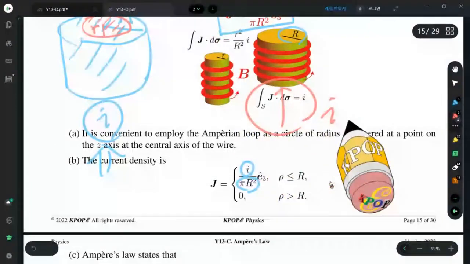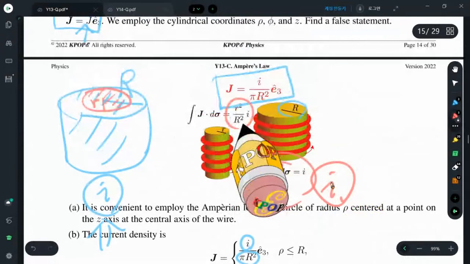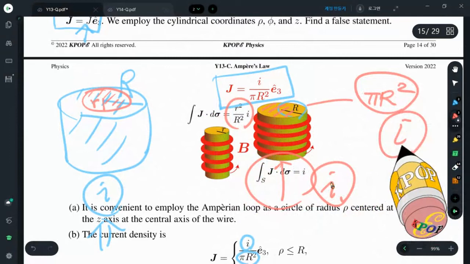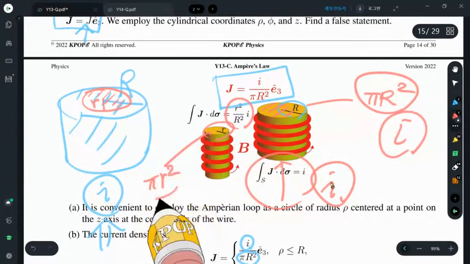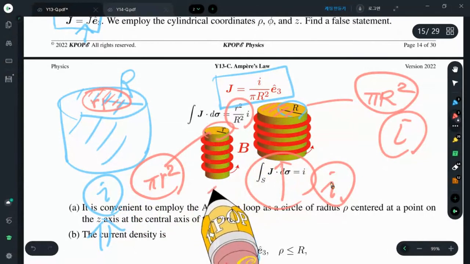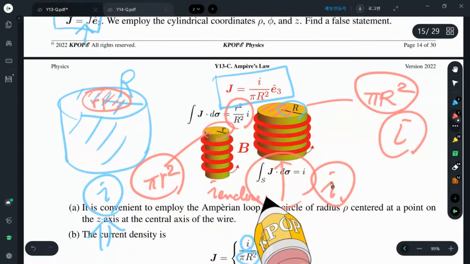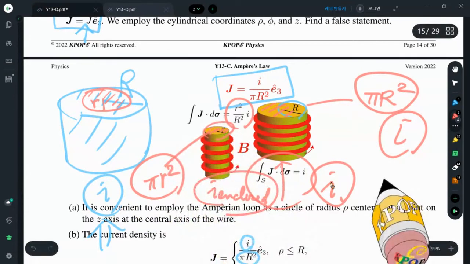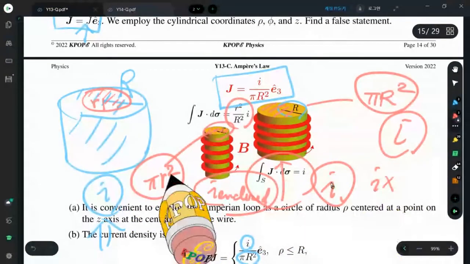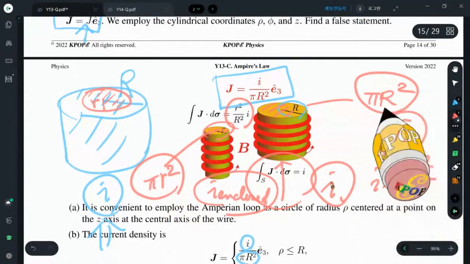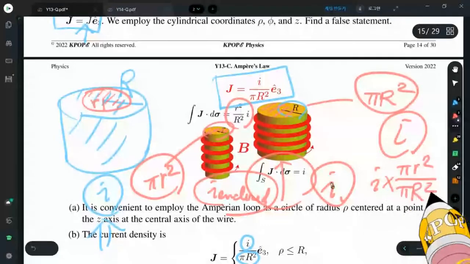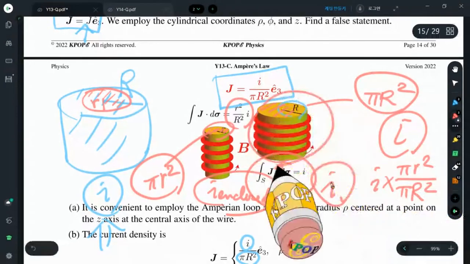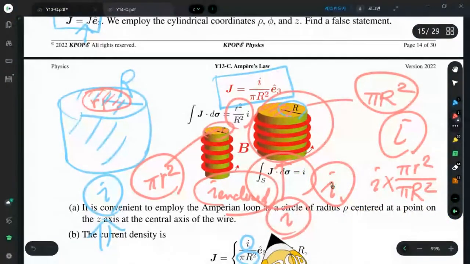Here, current I is flowing in, but the area is pi small r squared. Therefore, the I enclosed by this surface or this boundary is just I multiplied by pi r squared divided by pi capital R squared. If I substitute small r equals capital R, I can reproduce the total current I.